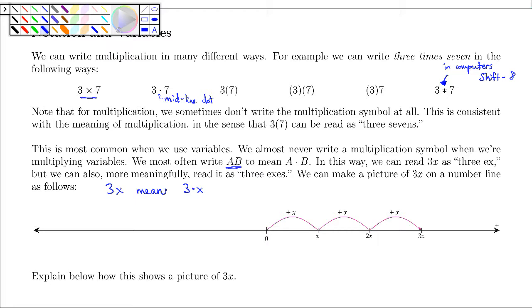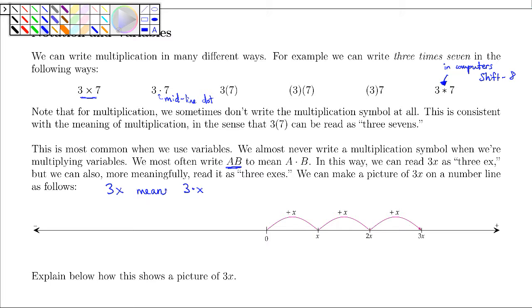So when people are getting accustomed to the algebraic notation, I really encourage you to read this as 3 x's. Okay, so this is adding up 3 copies of x, or 3 x's.